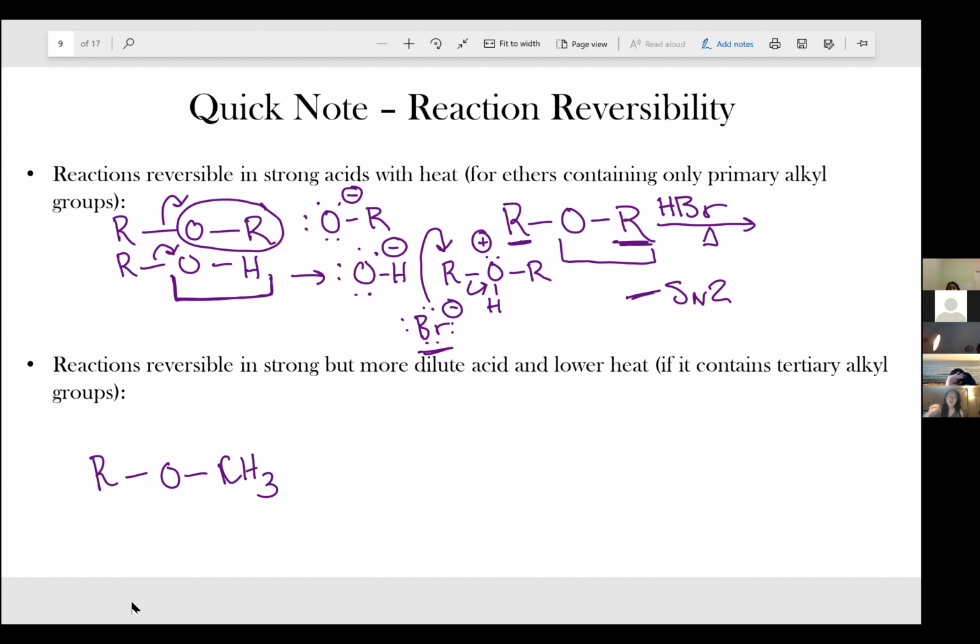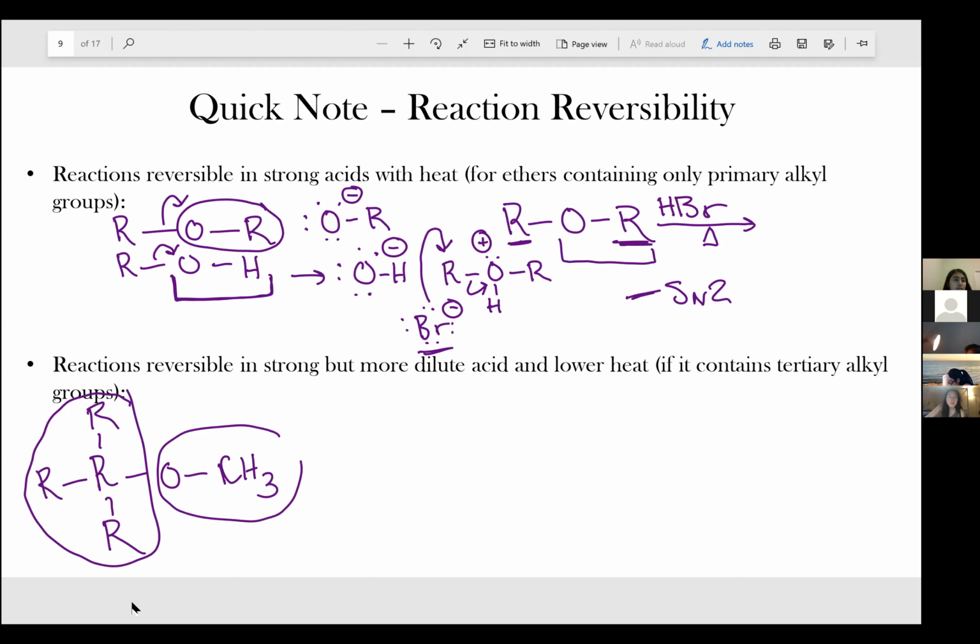So something like that, right? We have this tertiary group. Now you might notice that there's a primary group right here, but these same conditions that we had up here with the strong acids and heat will not work.